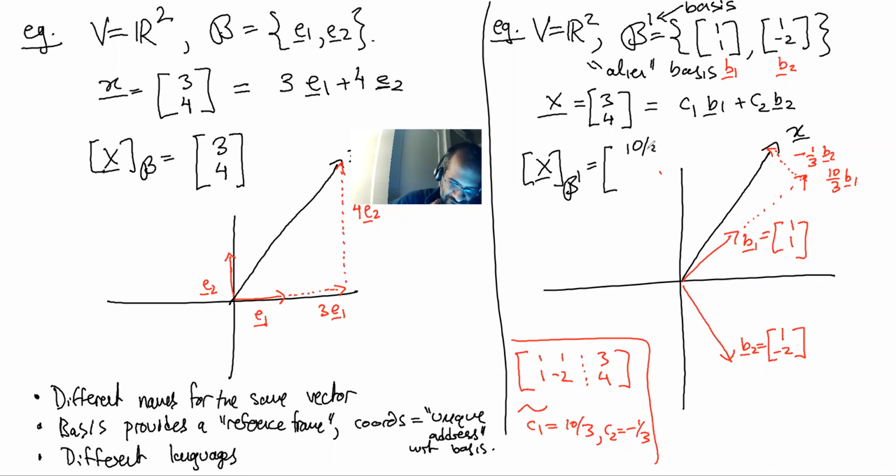It's equal to 10 over 3 and minus 1 over 3, because I solved C1 and C2 by row reduction, so I actually expressed it as a unique linear combination. Sorry, I forgot to write that. It's 10 over 3 and minus 1 over 3. So that's very different from the coordinate vector with respect to B, right? But it's actually a description of the same thing, just with respect to a different reference frame. Any other questions on this example?